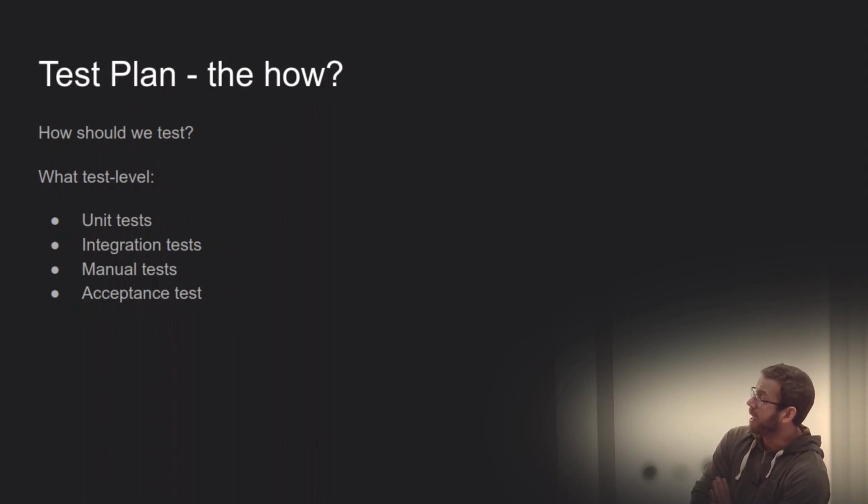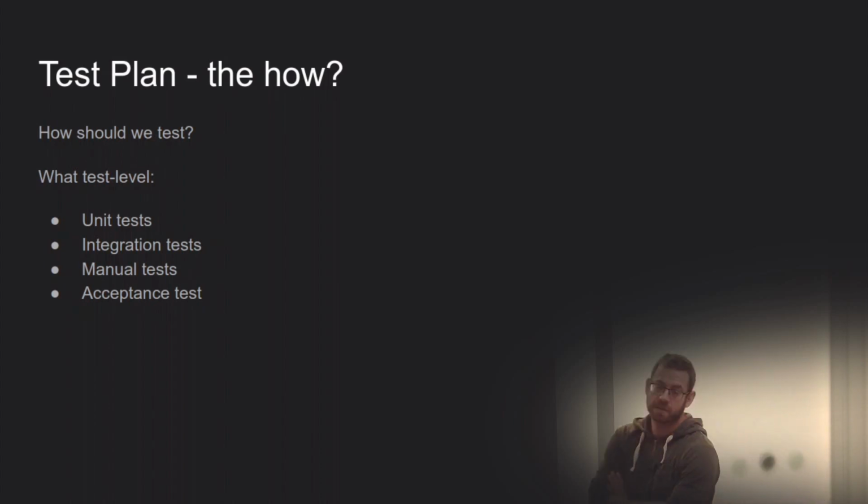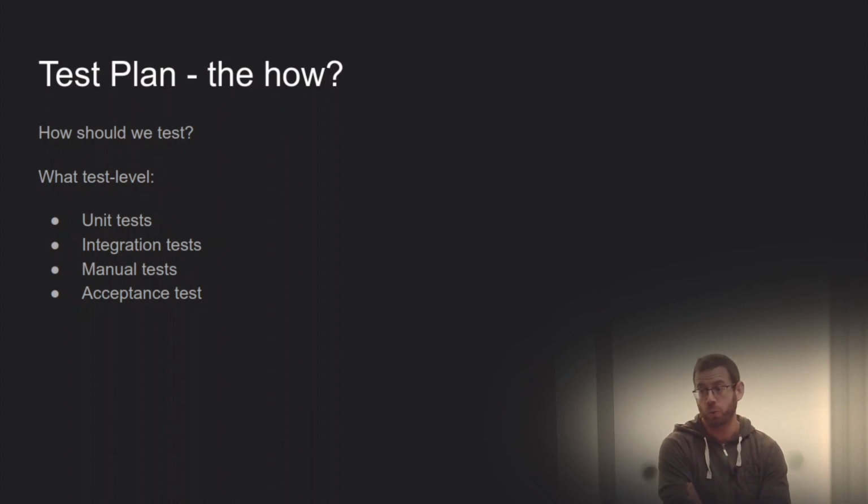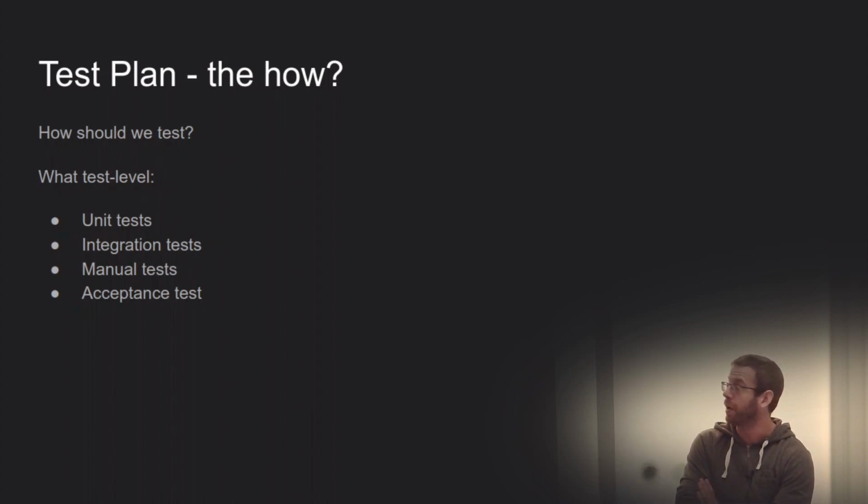And we can also do manual testing, and finally we can have acceptance tests. I think manual test and acceptance test is more or less the focus of assignment 2. But I can reveal that there are unit tests in the source code that you get.